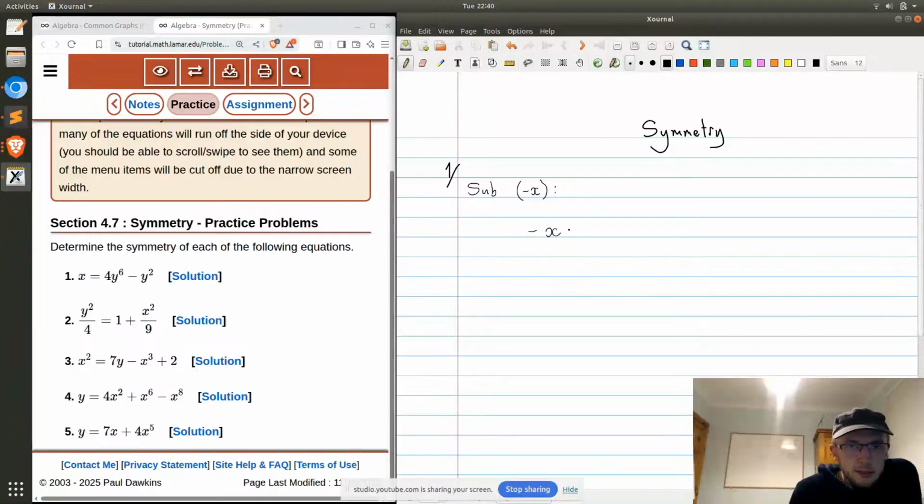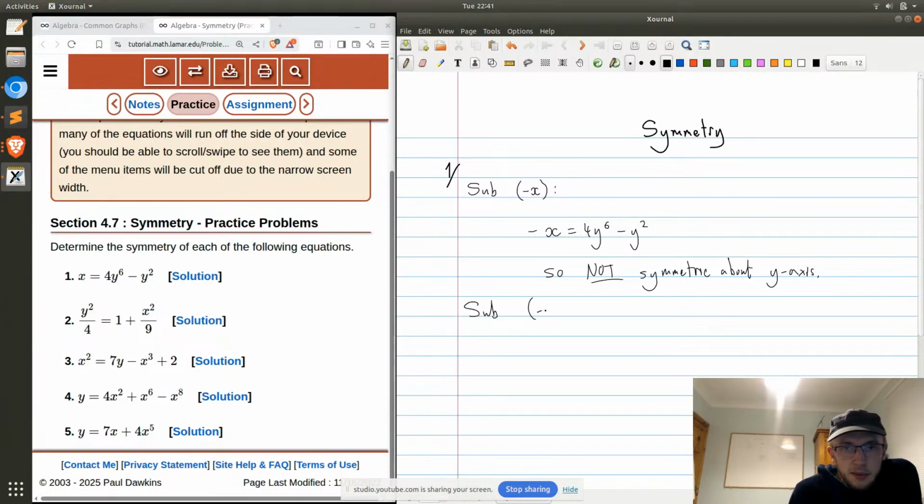We get negative x equals 4y to the 6. Like that. So not symmetric about the y-axis. I think that's quite clear.